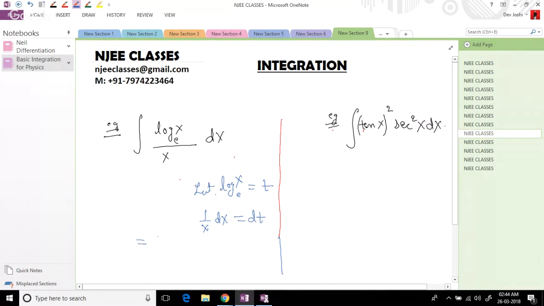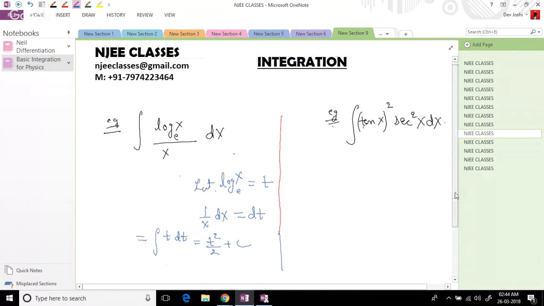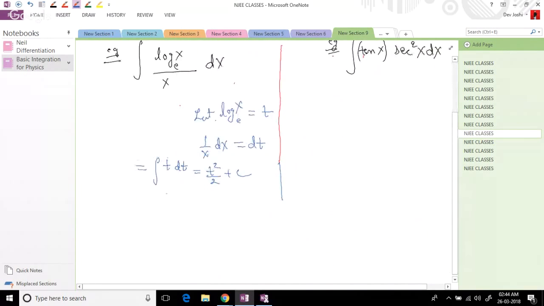So we get the integral of t dt, correct? Integration of t dt is t to the power 1 plus 1 upon 1 plus 1. So that is t square by 2 plus c. Again put in the value of t. t's value is log x on the base e. So (log x on the base e) whole square by 2 plus c. That is how we get the final answer.